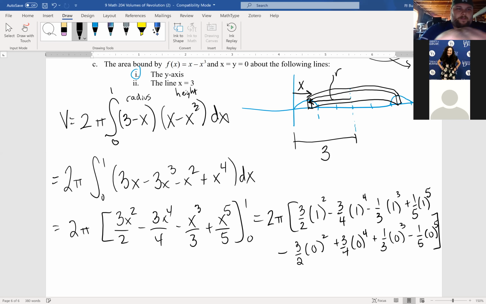Okay. And as I said, the beauty here is all these are 0. And every one of these powers of 1 is just 1.